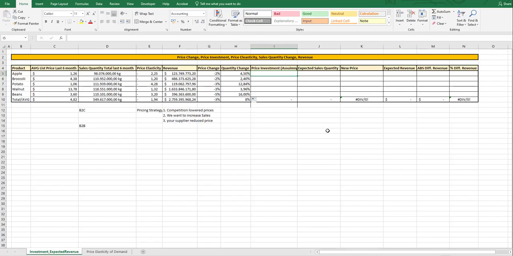Price investment. What is price investment? This will be our investment. We will see how much money we sacrifice given the fact that our quantity doesn't change, which is very unrealistic, but in the worst case scenario we will lose this much money. That means the price change multiplied with the revenue.